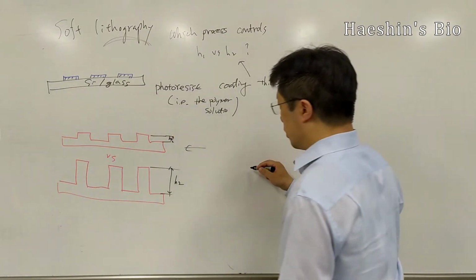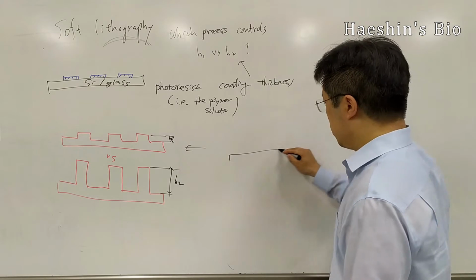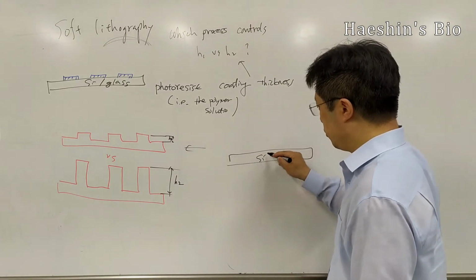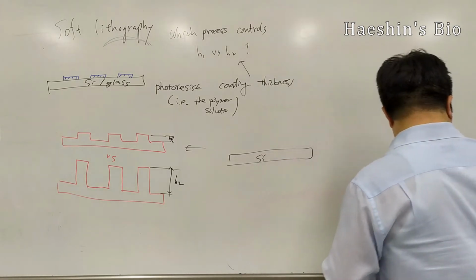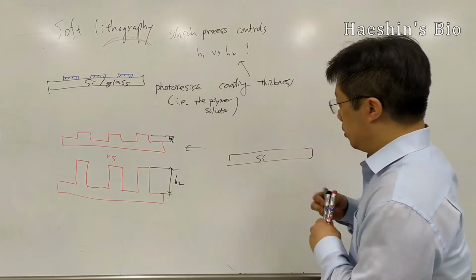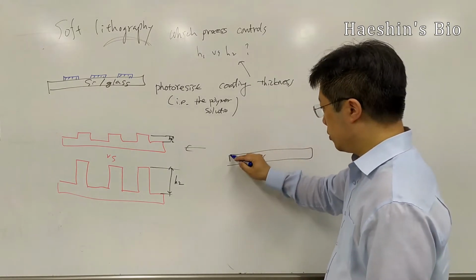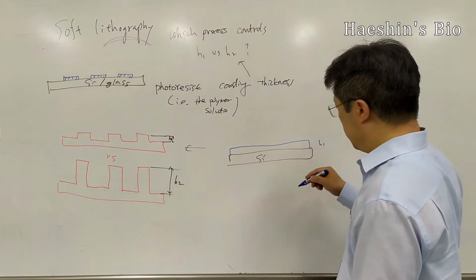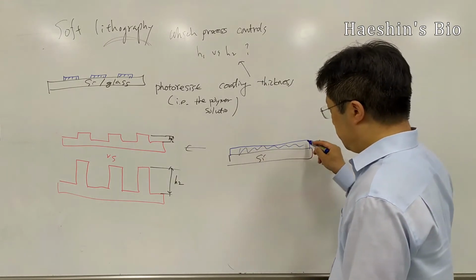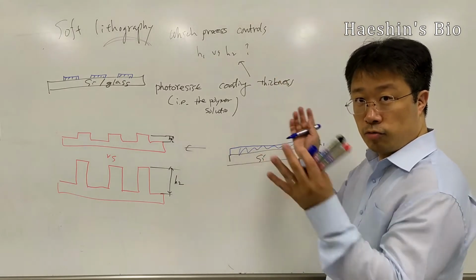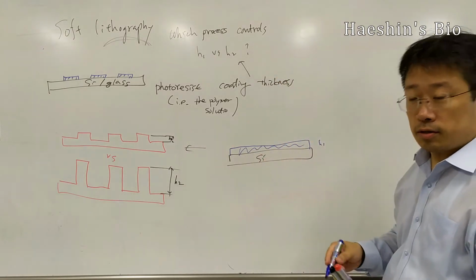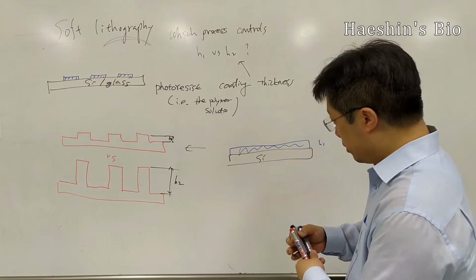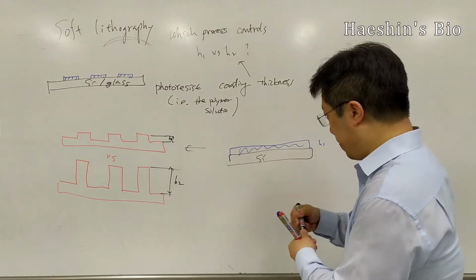For example, I can draw it: you have a surface of silicon wafer, then you have the spin-coated photoresist of this thickness, which corresponds to H1. And then you put a mask, illuminate, remove these patterns, and pour the silicone stamp materials.